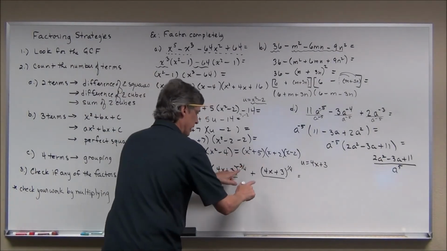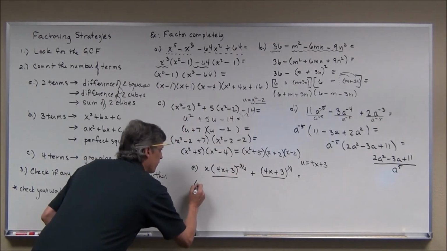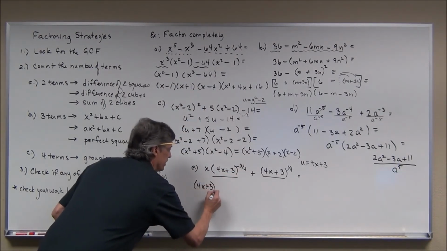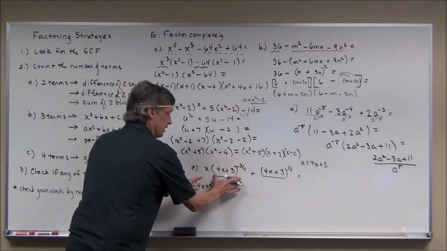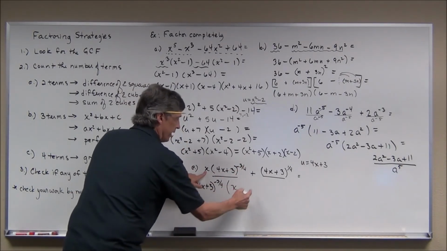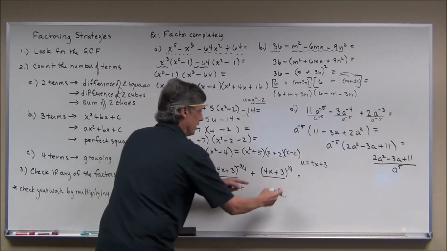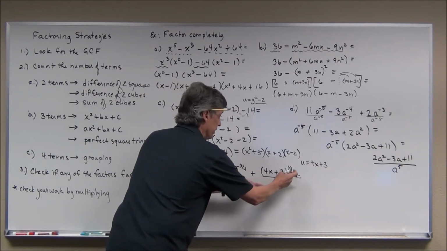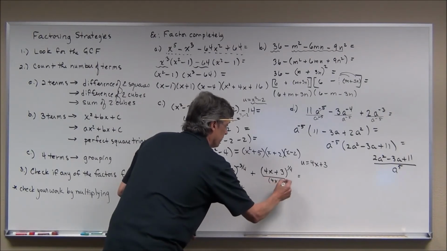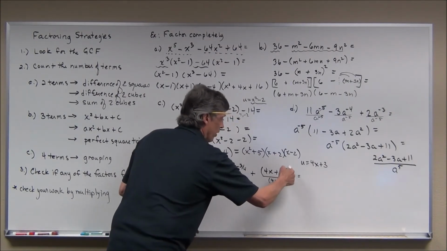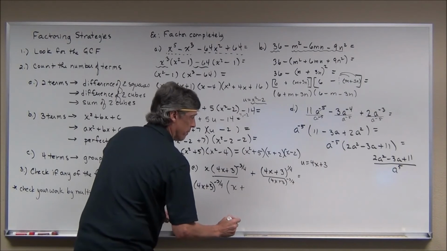I'm going to factor out the smallest exponent, the 4x plus 3 to the -3/4. If I divide that out of this, it is all going to be gone, and that's going to leave an x. Plus, if I divide 4x plus 3 to the positive 1/4 by 4x plus 3 to the -3/4, 1/4 minus a -3/4 is a positive 1.